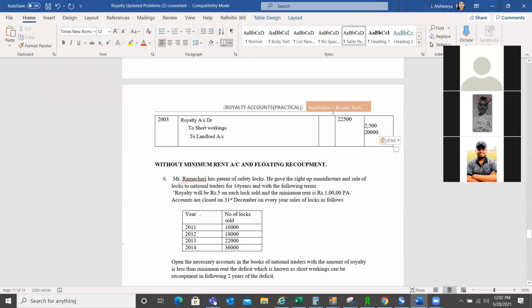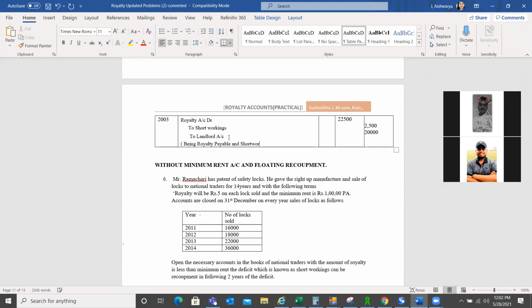So the entry becomes like this, and the narration becomes like this: being royalty payable and short workings recouped.